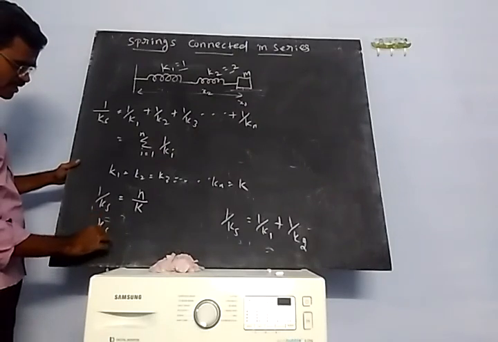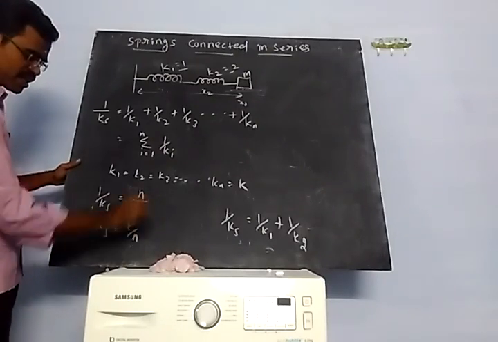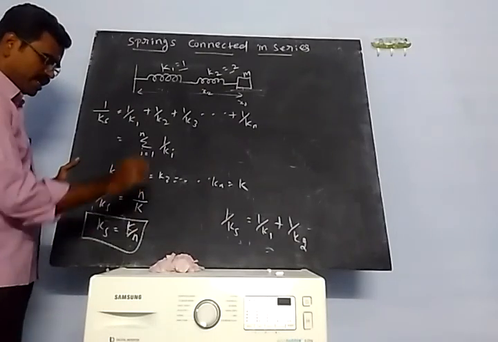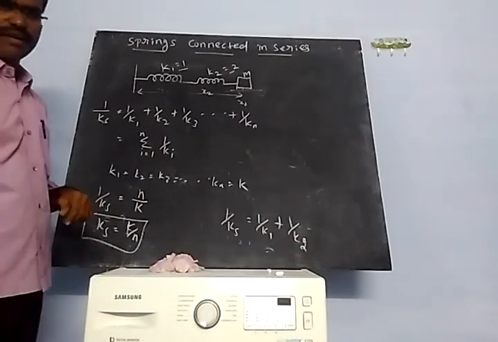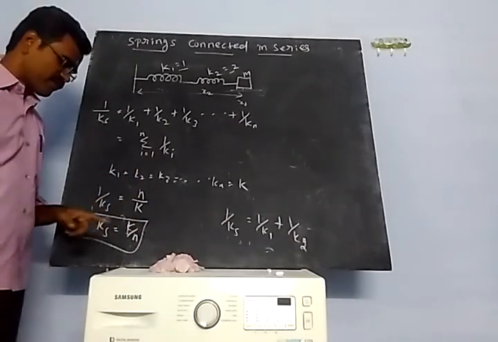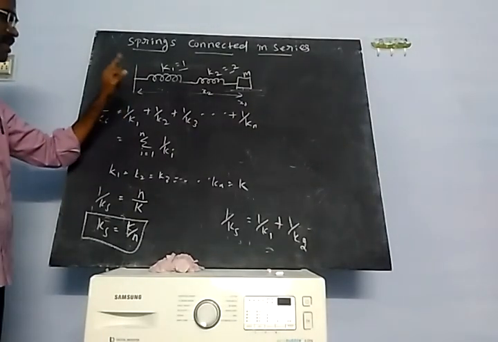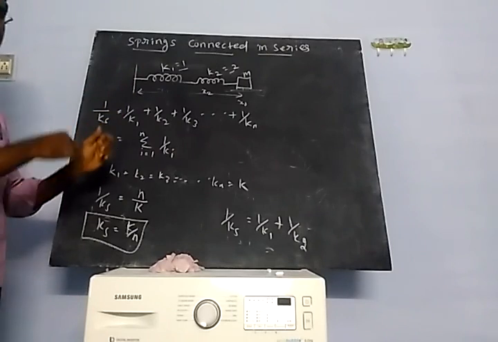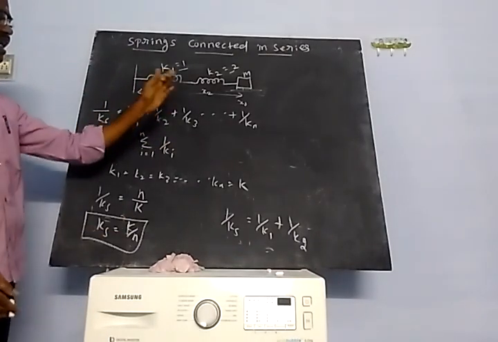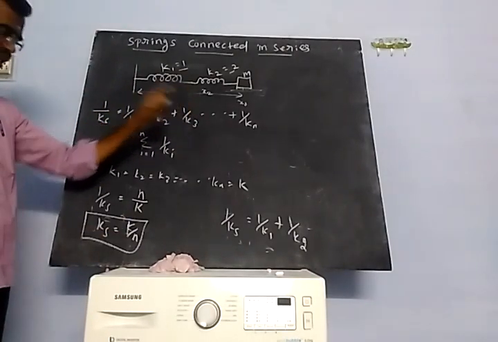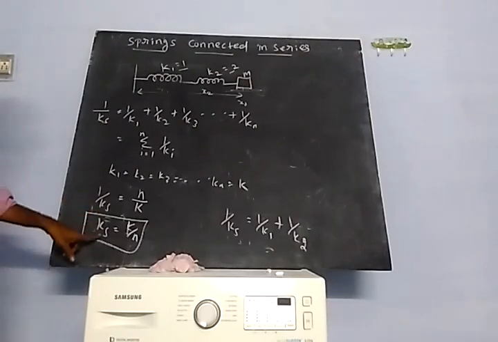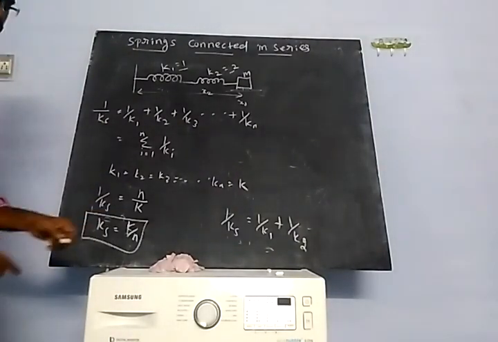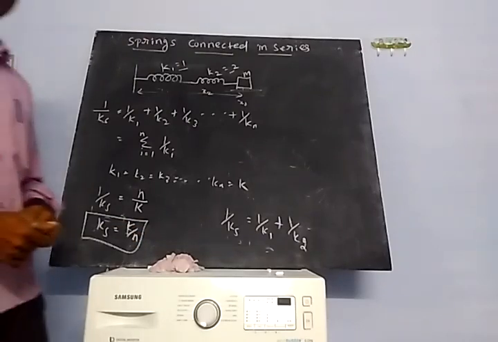Then ks is equal to k by n. Okay, do you understand? That's all. So if n number of equal springs are connected in series combination, the effective spring constant value is equal to k by n. Okay, ma? Do you understand? Okay, thank you.